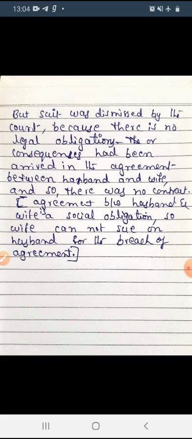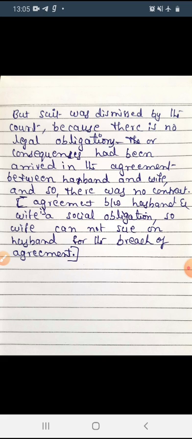Here the relationship between Mr. Balfour and Mrs. Balfour is husband and wife. There is no legal relationship or legal obligation between them. Agreement between husband and wife is a social obligation.